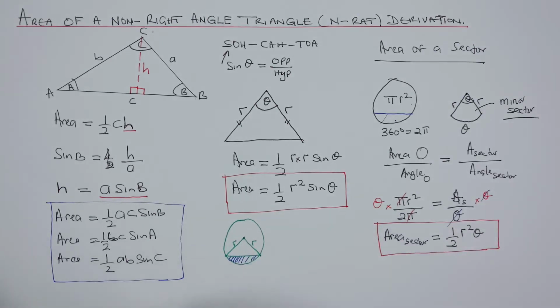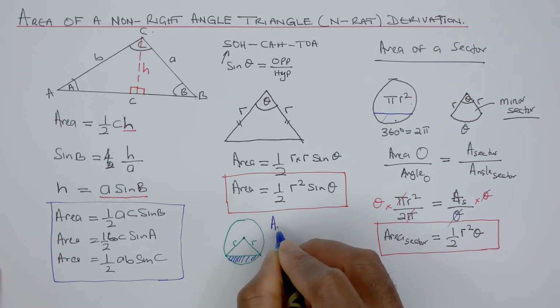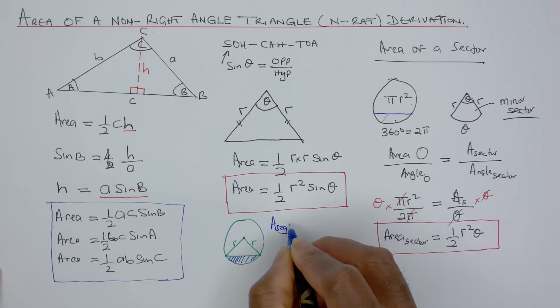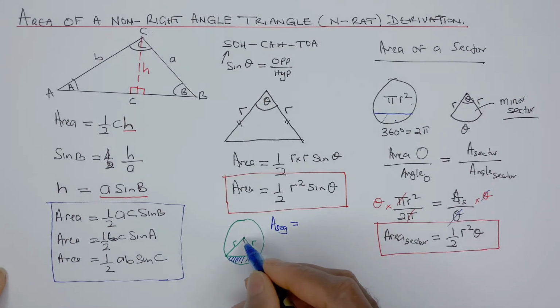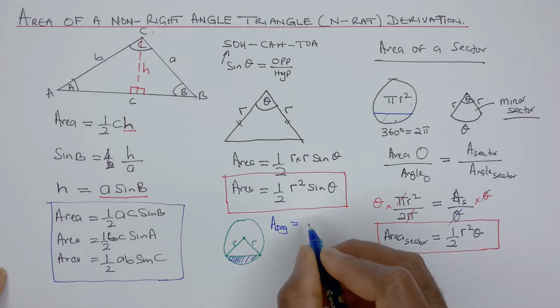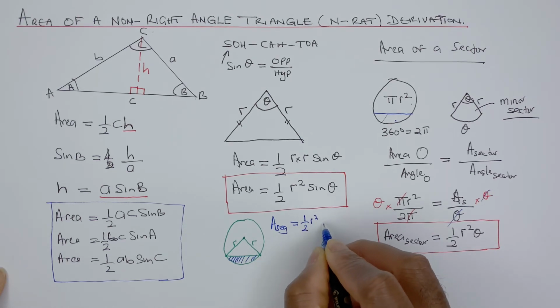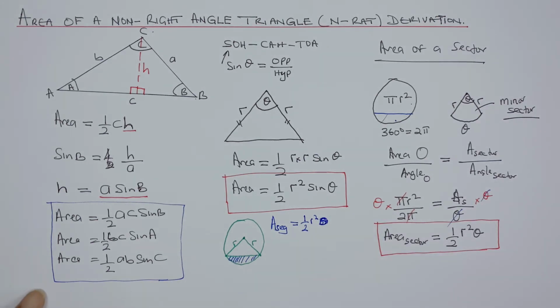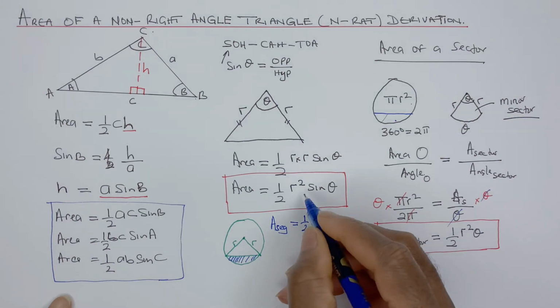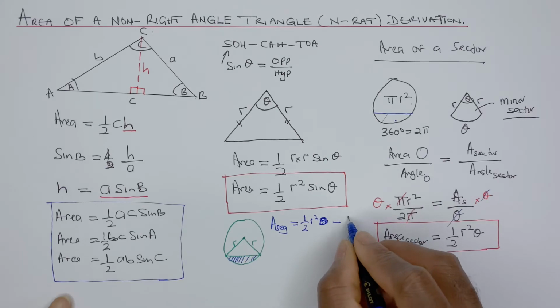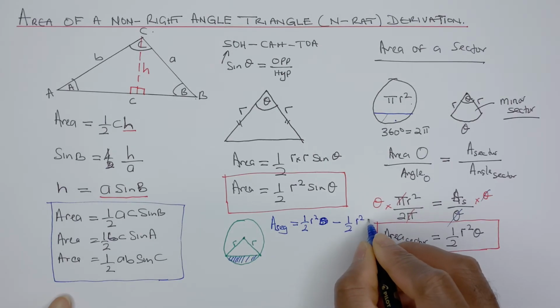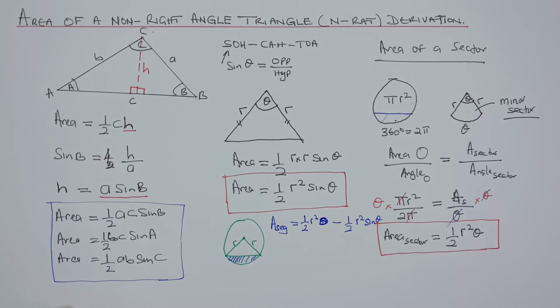So the area of the segment will be equal to, well, you can see the area of the sector is bigger than the area of the triangle. So you take the area of the sector, which is 1/2 r squared theta, and take away the area of the triangle, which is a half r squared sine theta.